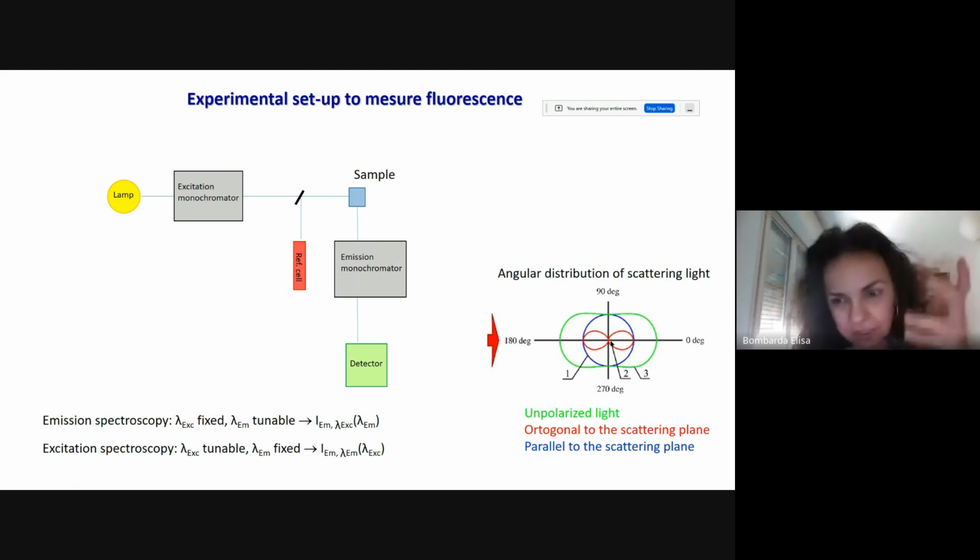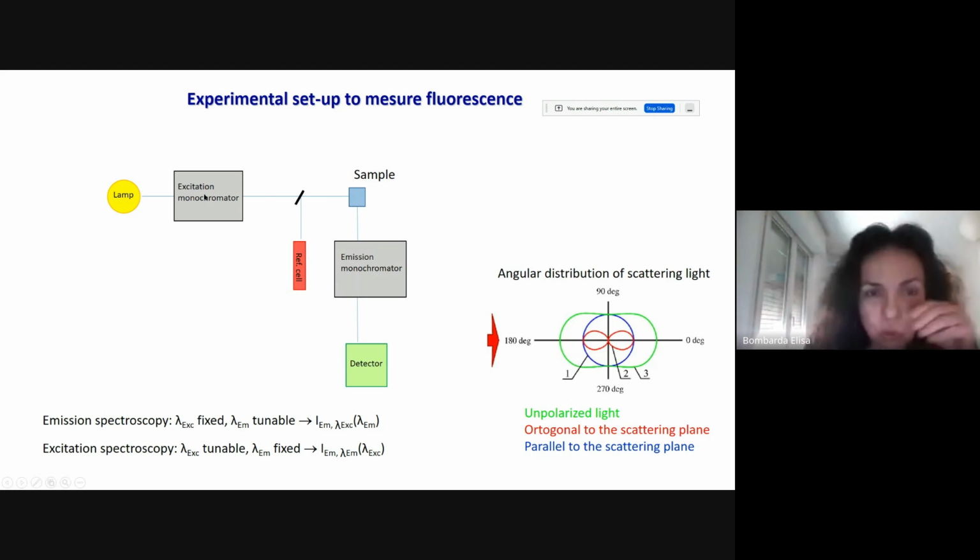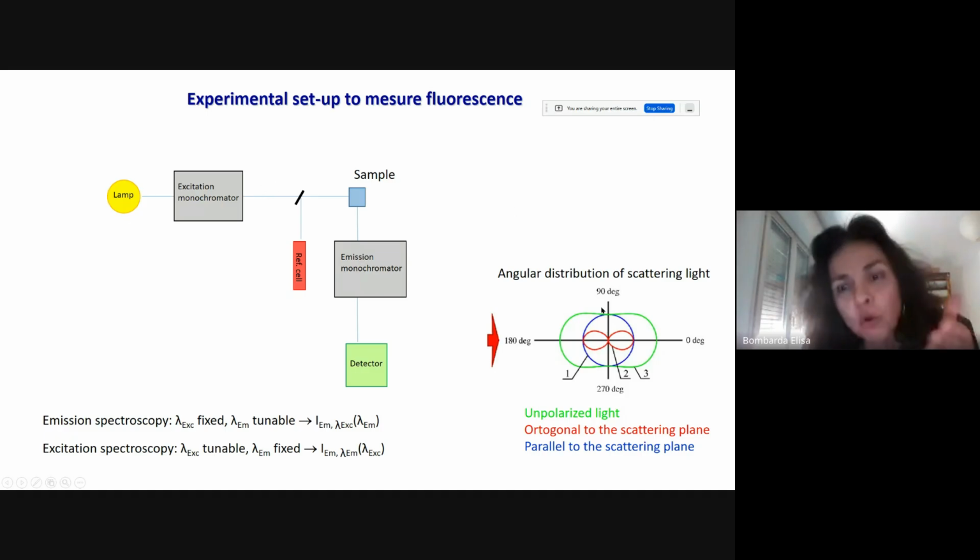So it's minimized. It's true that when you polarize the light in excitation you reduce its intensity, but you also reduce the scattered light at 90 degrees, so basically you have to balance what you have for having the optimal signal.